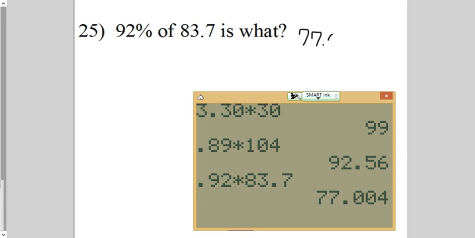Again, it does not say round, so don't round.